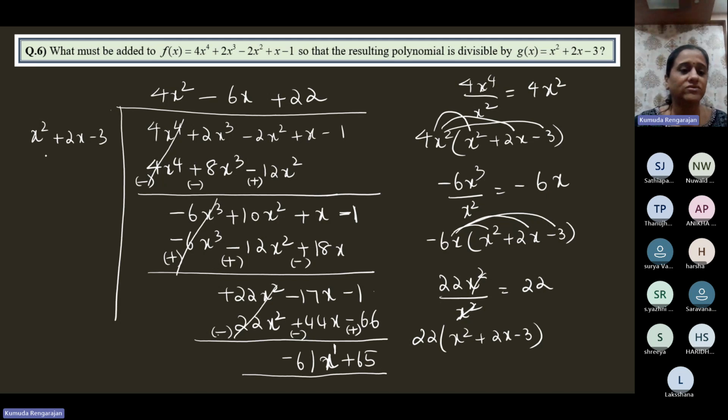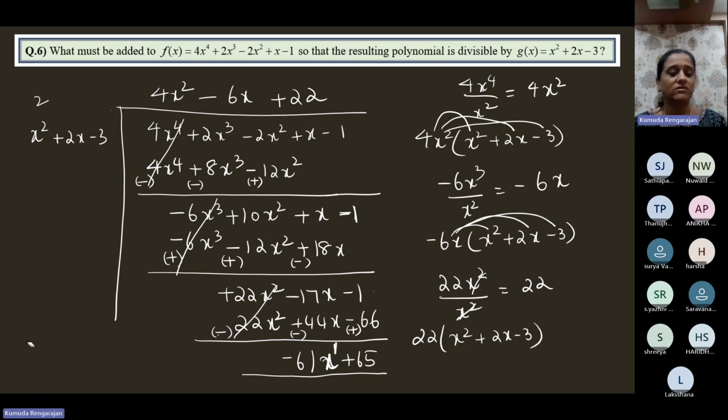What's the degree of the divisor? 2. You should stop. The degree of the remainder, x power 1, is 1. The degree of the divisor is 2. The degree of the remainder has gone less than the degree of the divisor. So we stop the division process.